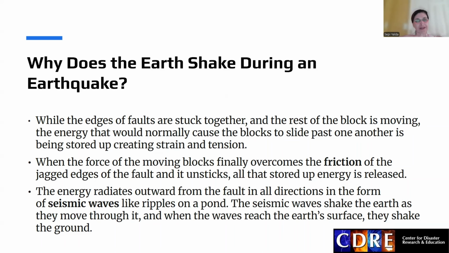It causes the blocks to slide past each other, or be compressed, or diverge. So it creates a buildup of energy, and when that energy is released, it radiates outward from the fault in all directions in the form of those seismic waves that we mentioned.